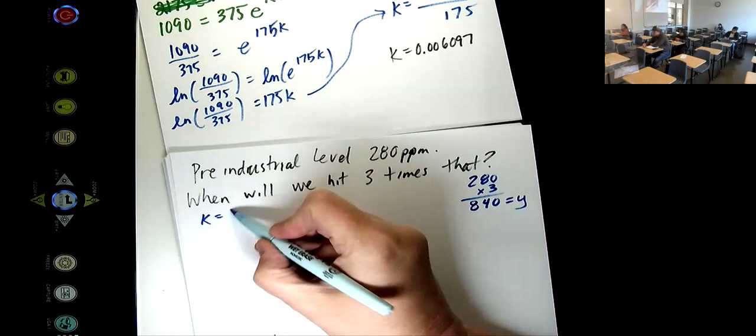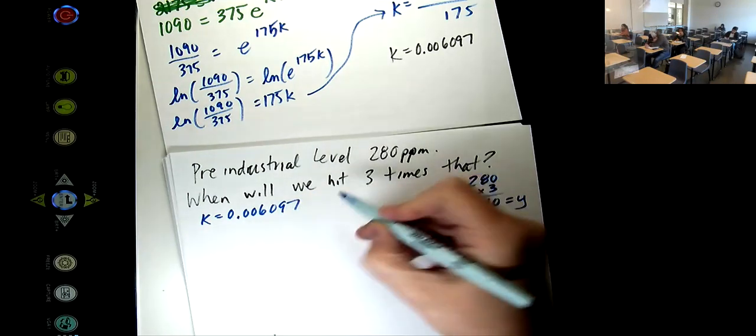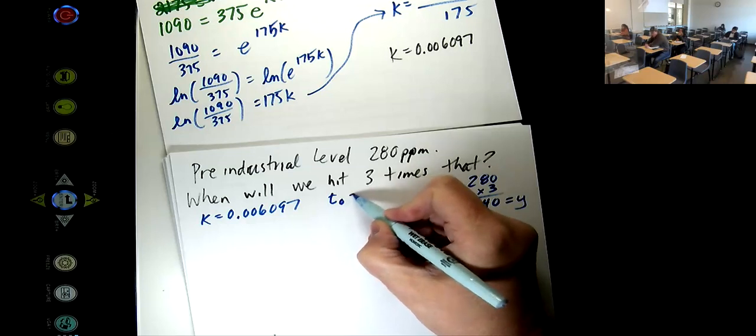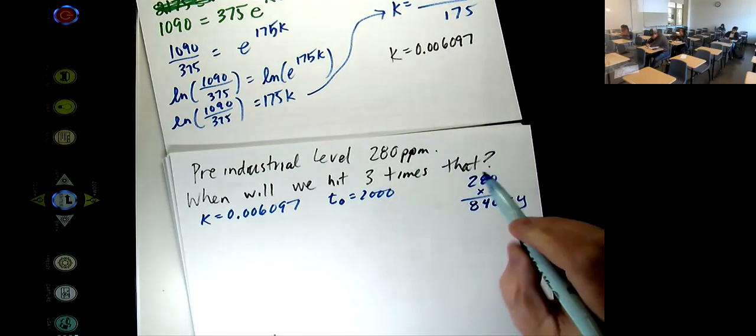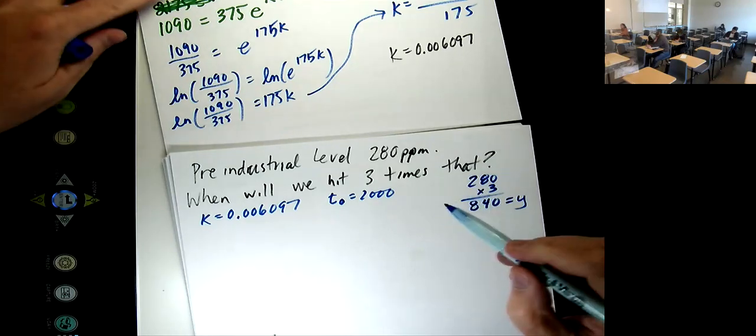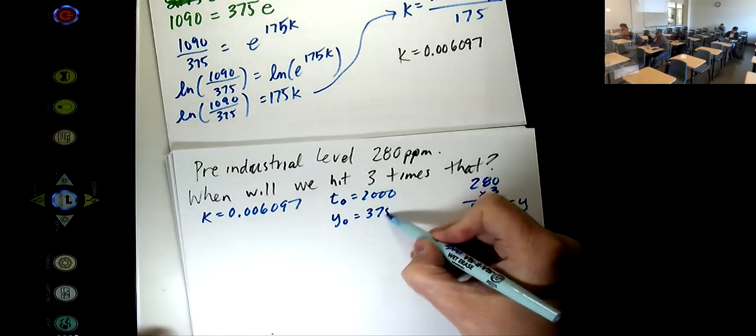K equals 0.006097 was developed using T0 is 2000, so we're going to use that same idea here. So Y0 will be the 375 that we had before.